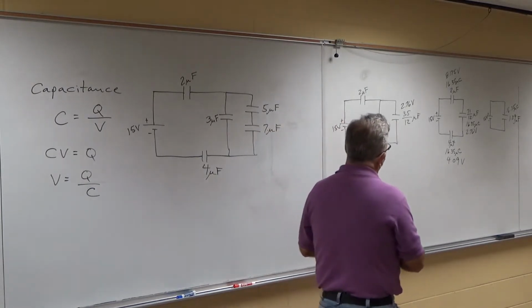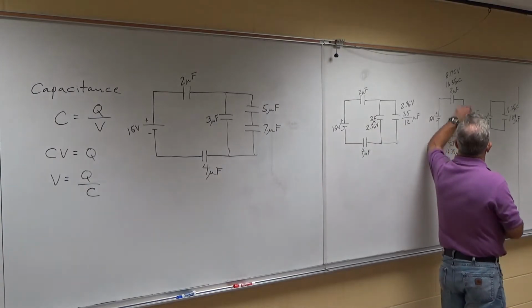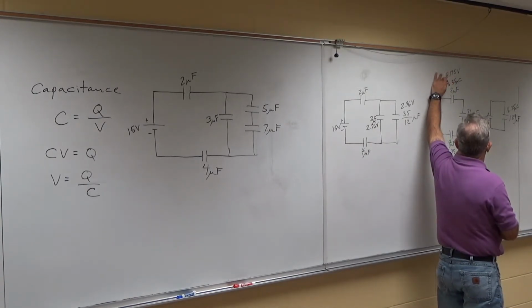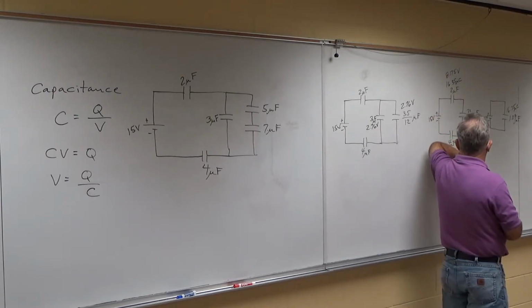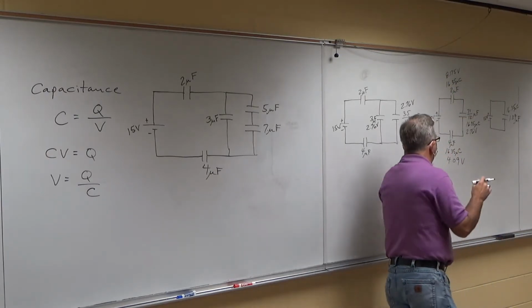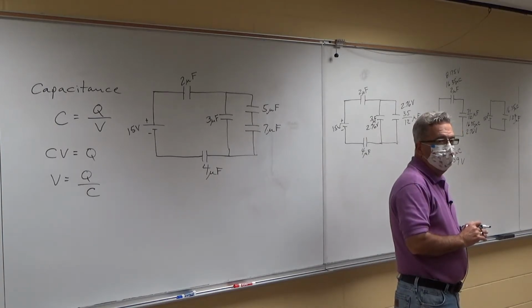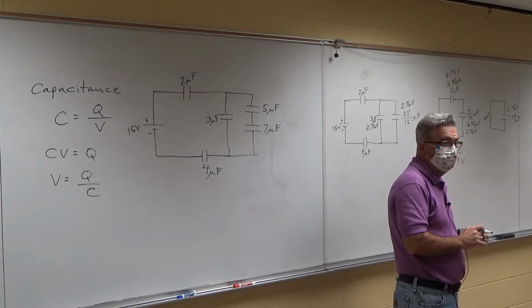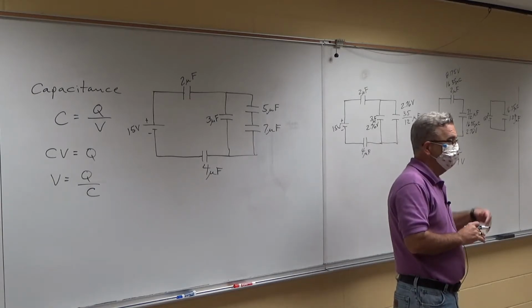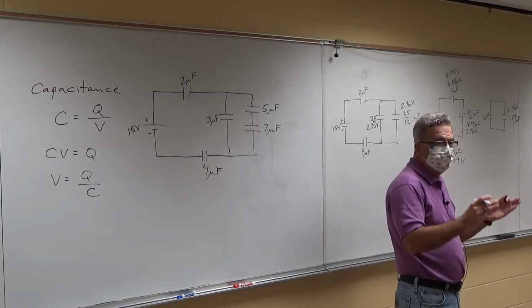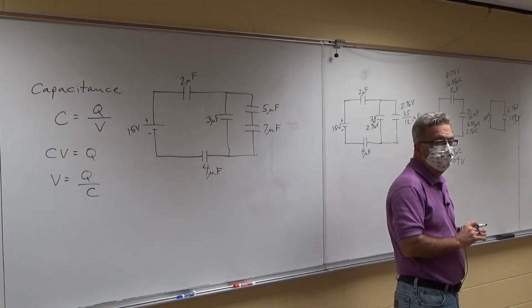Oh, by the way, over here on this series connection, the smallest cap got the largest voltage. That's expected, because they all have equal charge, so the smallest cap needs more voltage to have that amount of charge on it.